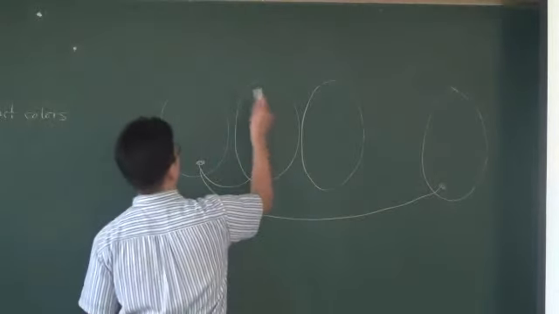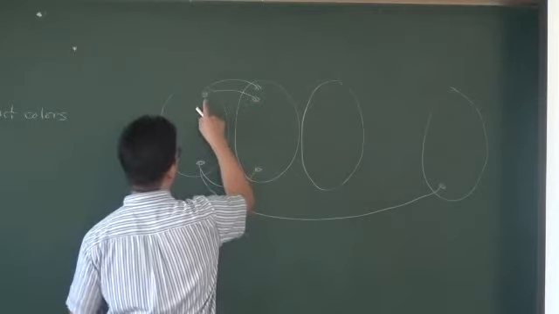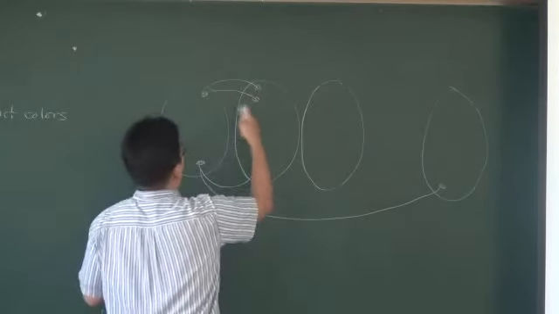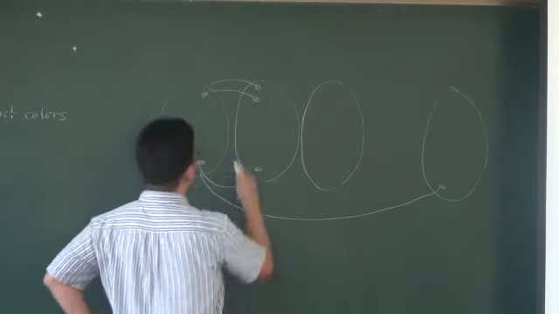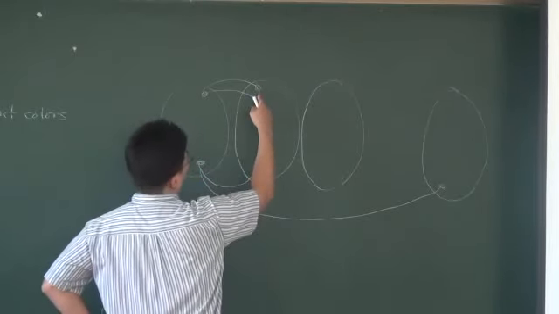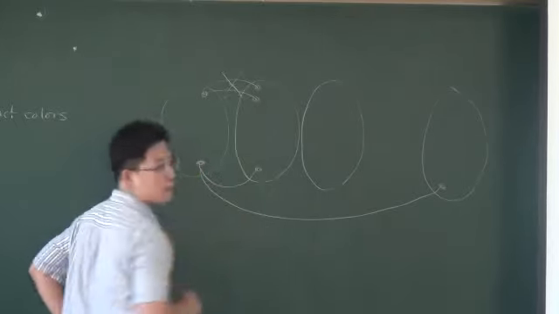Which means that if the degree of this vertex is 2 or more, this kind of thing, where all neighbors are in the same part, is impossible, right?